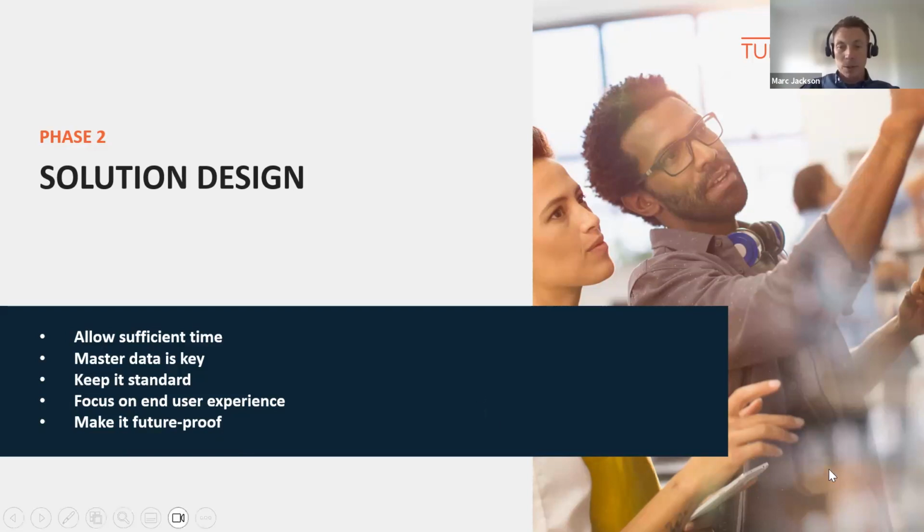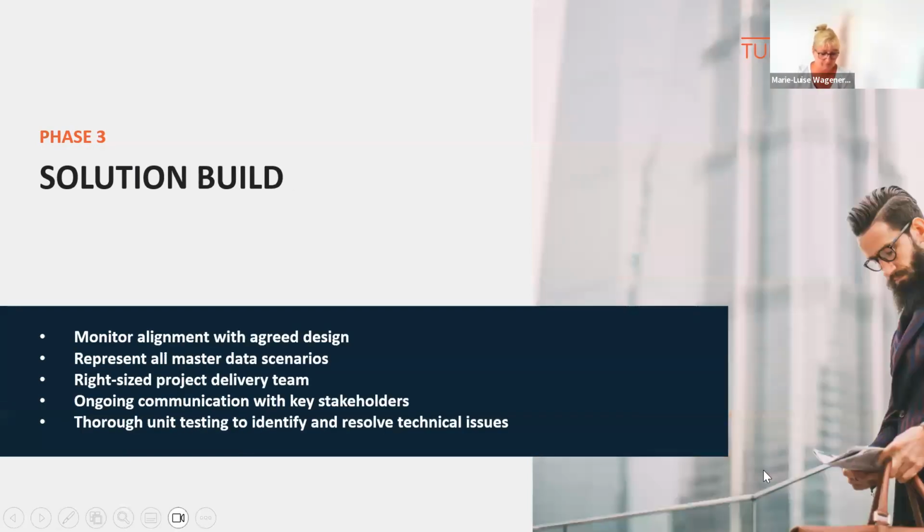We spent quite a lot of time on design, but I think that reflects how important that phase of the project is, so it's right to spend a bit of time on it. So, moving into build. Hopefully at this stage, our customers have created a nice, elegant solution design, and now we're moving into the build phase where we start to realize that solution blueprint.